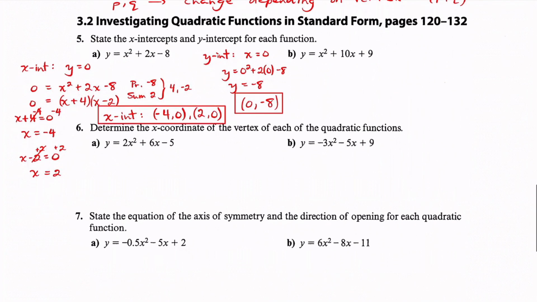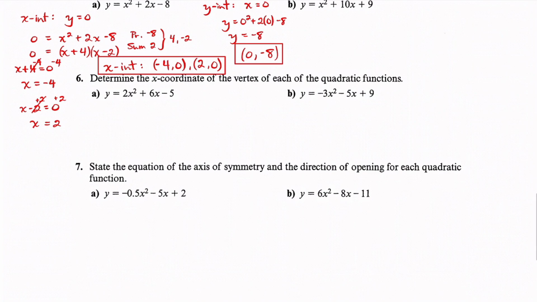Okay, for number 6, it says determine the x-coordinate of the vertex of each of the quadratic functions. Now we had learned in our notes that the x-coordinate of the vertex is going to occur at minus b over 2a, where this is a, b, and c. So our minus b, it's going to be minus, and then b is a positive 6.